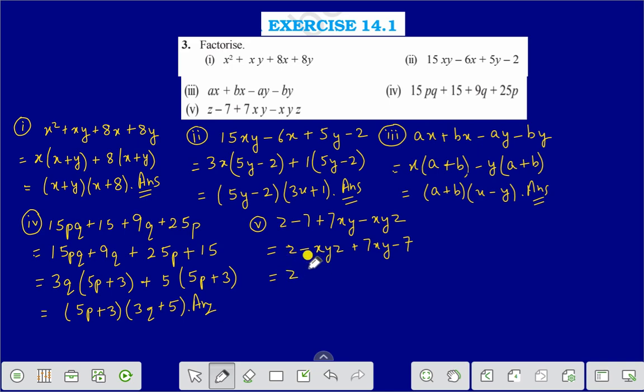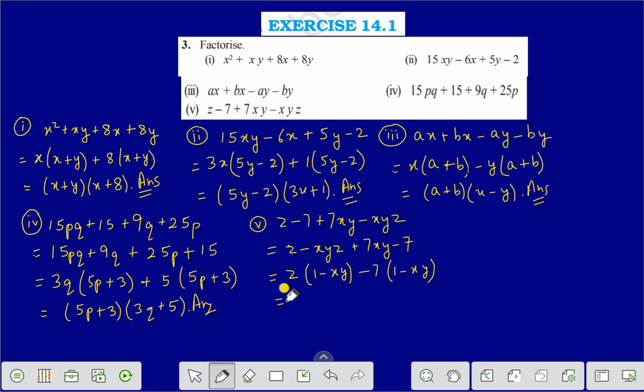If we take z as common, then we are getting 1 minus xy, and minus 7 is common, then we are getting 1 minus xy, because you see minus 7 and minus is plus 7xy.